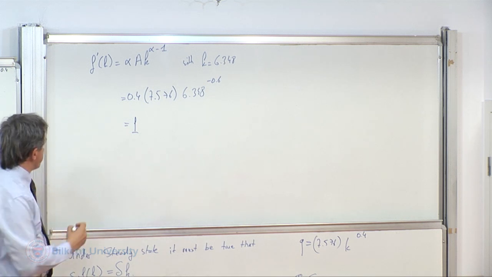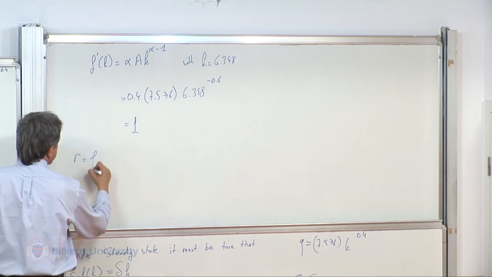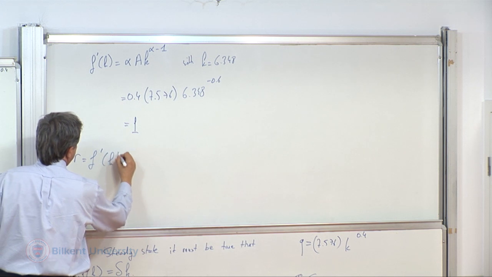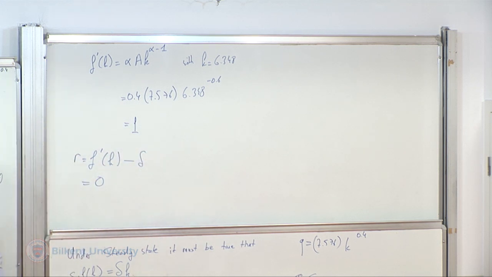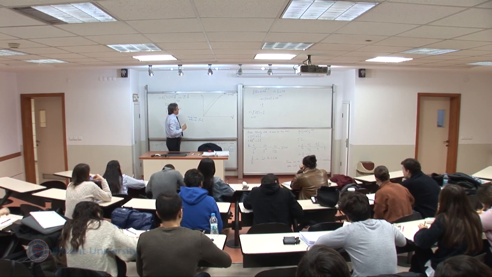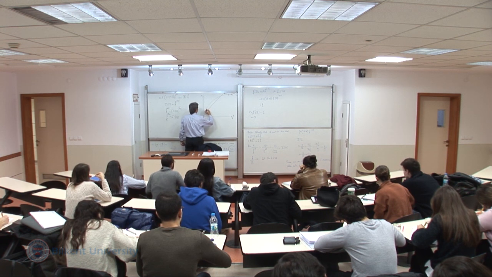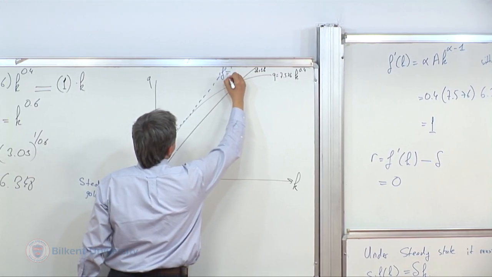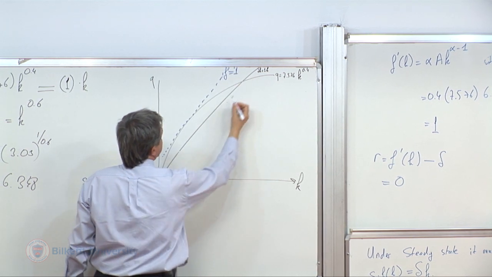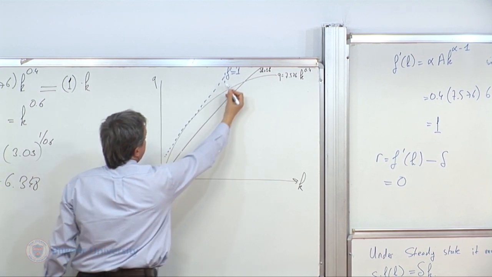Which means that R, which is f prime of k minus delta, is 0. So here we have an f prime which is equal to 1. That means these two lines are parallel.